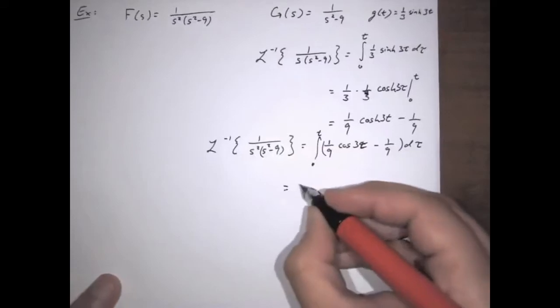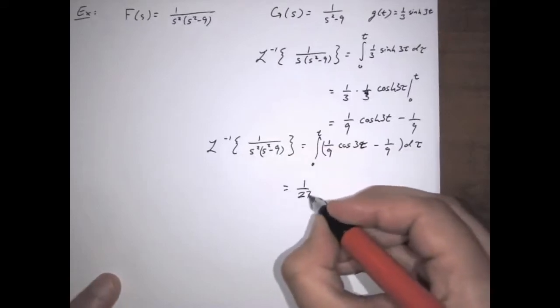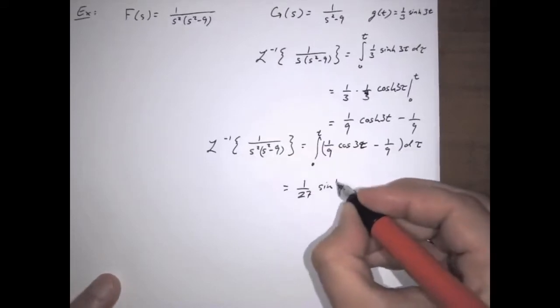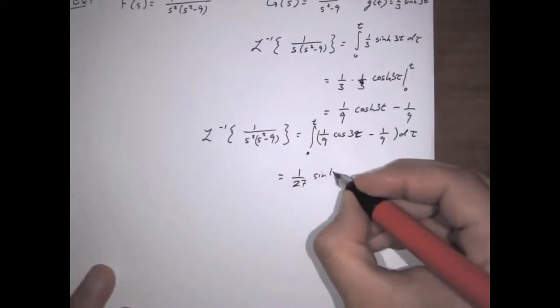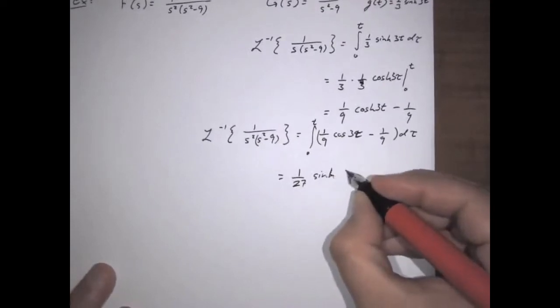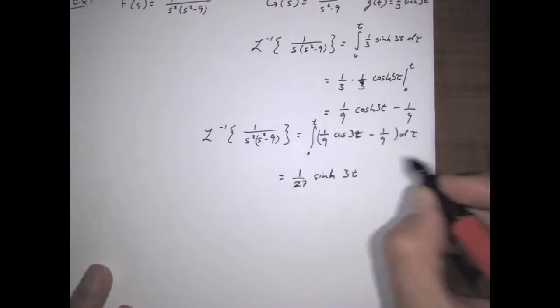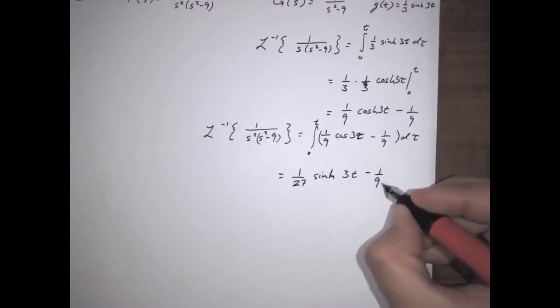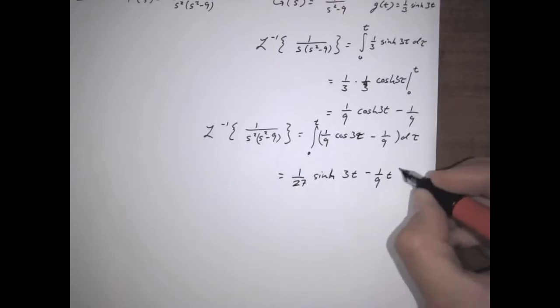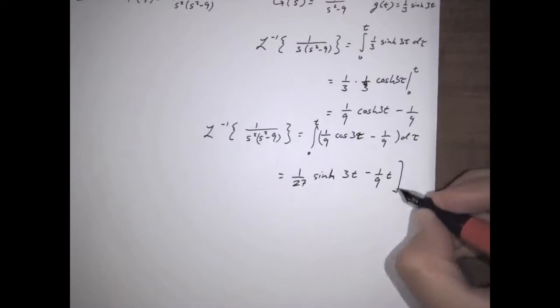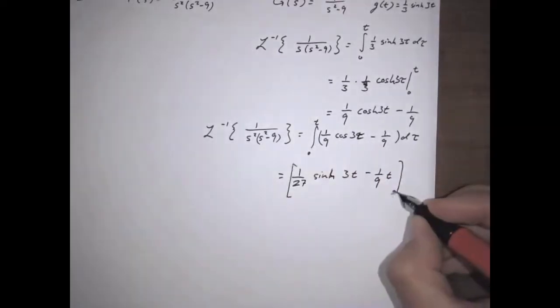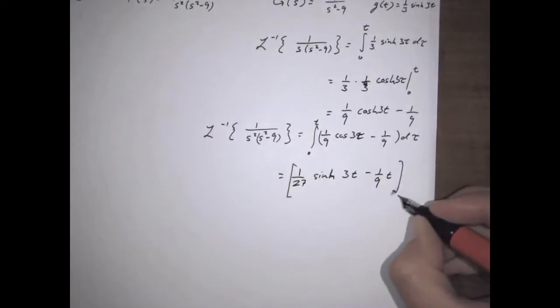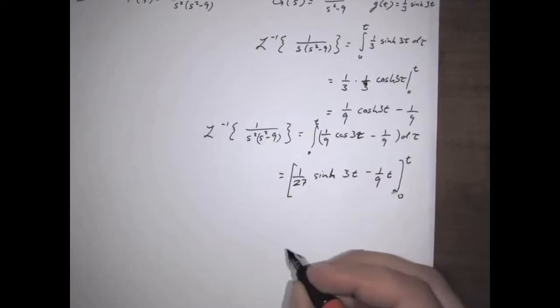So that's going to be 1/27 sinh 3t minus 1/9 t, all being evaluated at 0 and t.